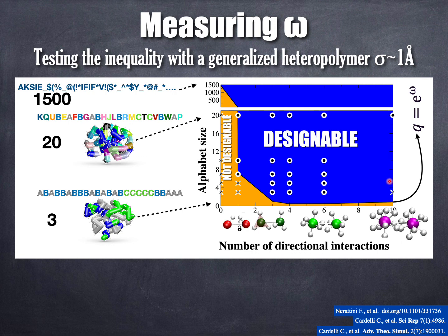There is another very important result: this phase diagram predicts that when you have a system with 2 directional interactions per monomer, the minimum alphabet size that you expect to have a designable system is about 4 letters, which is exactly, as you remember, what we obtained with the caterpillar model that we showed before. So even proteins fit perfectly on this diagram.